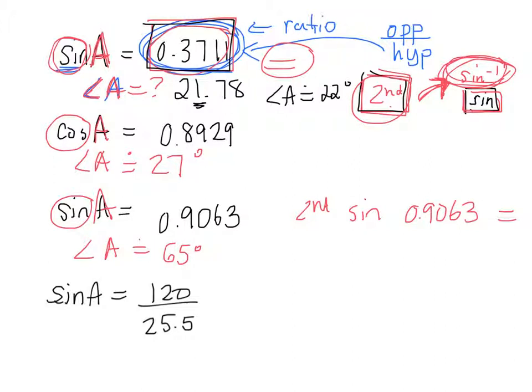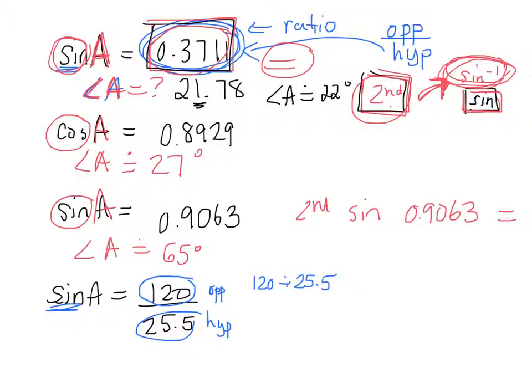Now the last one was written as a fraction, so that's the opposite over hypotenuse, because this is the sine ratio. What do you think you're going to have to do if it's written as a fraction? How do we turn this into a decimal? Good. 120 divided by 25.5.